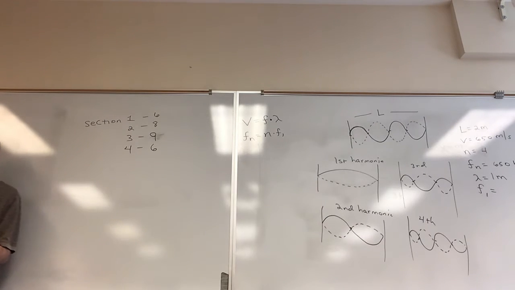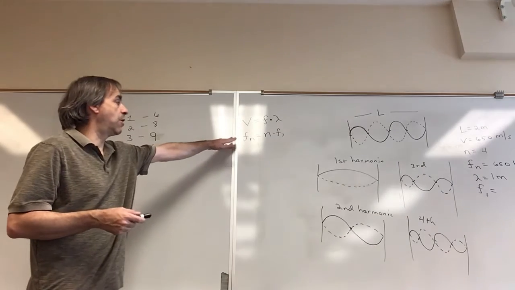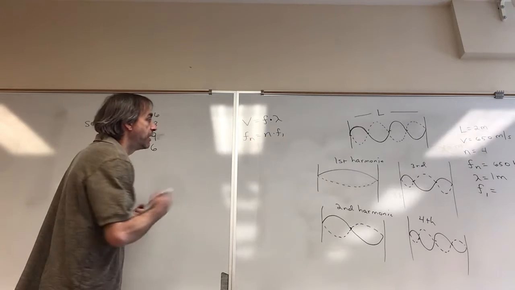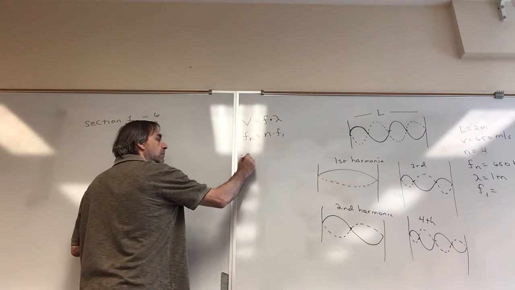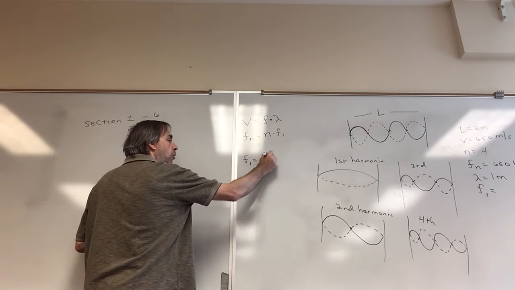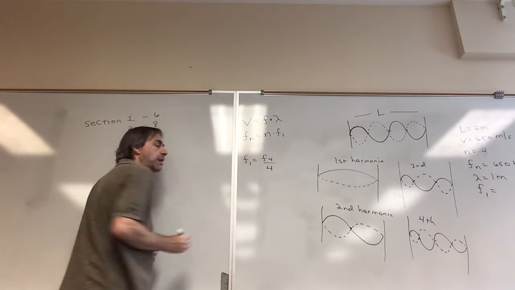Okay, and then finally, what is the fundamental frequency? Where do we find that? Yeah, this is always true just by definition. So F1 would be F4 divided by 4.